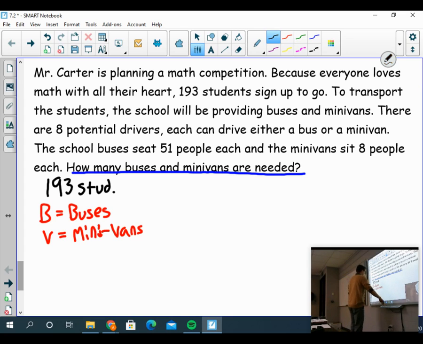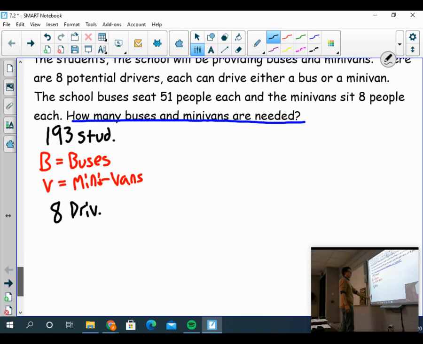There are 8 potential drivers. The school buses can seat 51 people, and the minivans can seat 8 people. So we've got 51 in the buses and 8 in the vans.